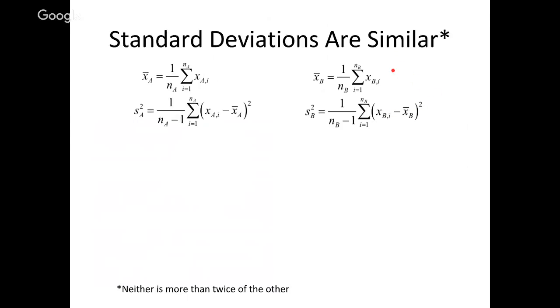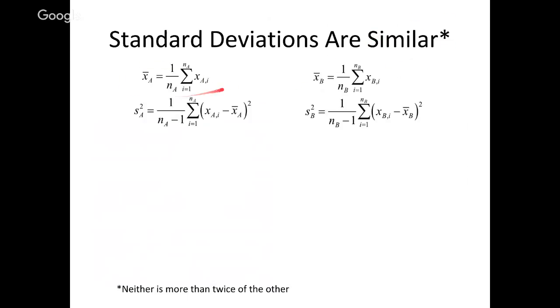And basically, the tool that you use for determining whether two sample means are essentially the same, if you're going to compare them, depends on whether the standard deviations of those two sets of samples are similar or not. And by similar, I mean very specifically that neither is more than twice the other. So this would be the case where the standard deviations are similar.